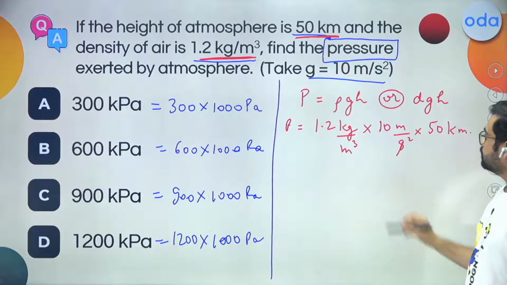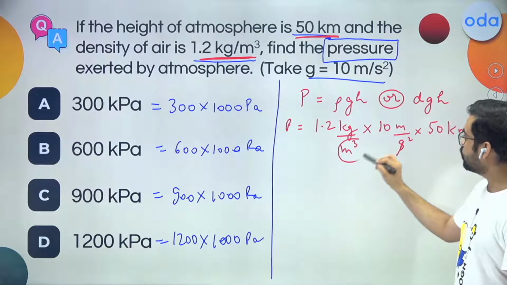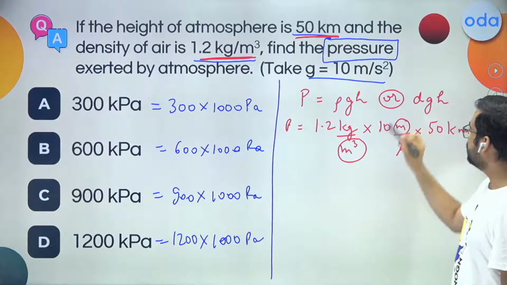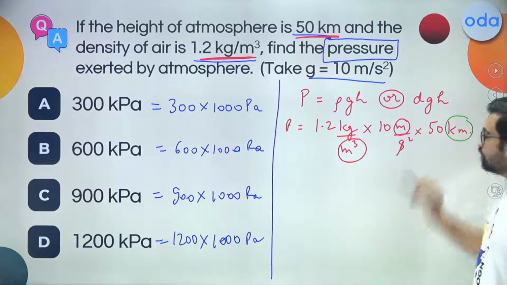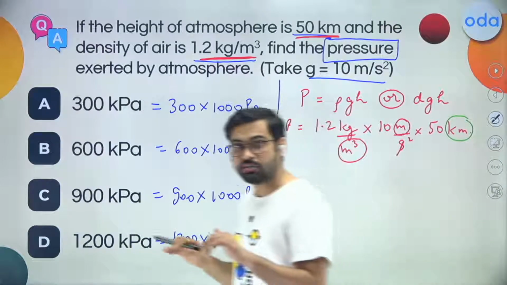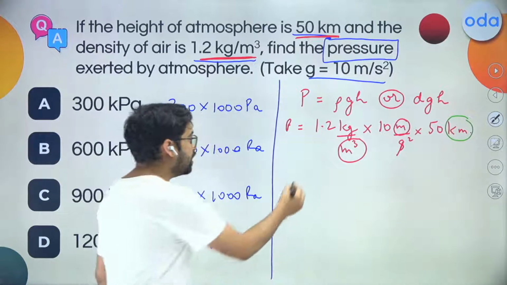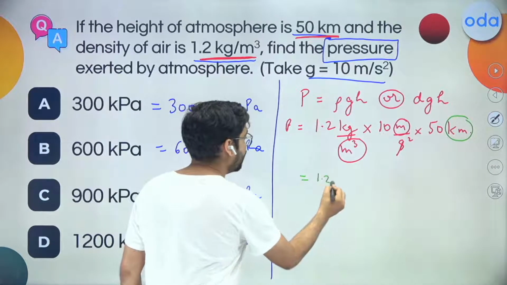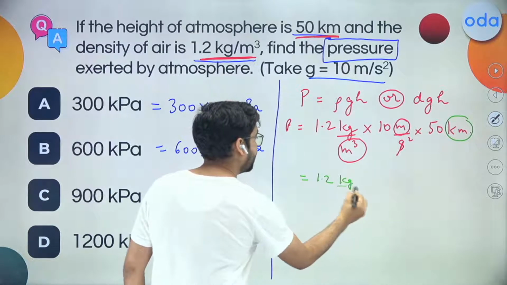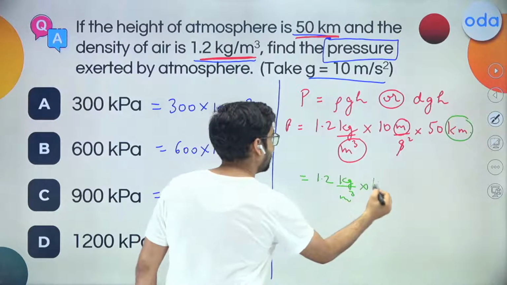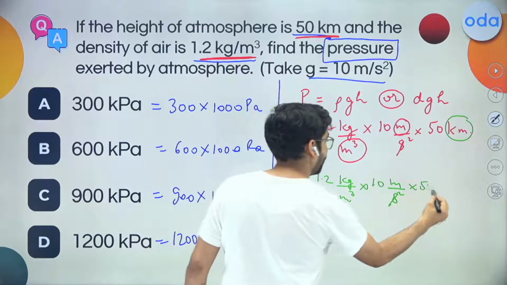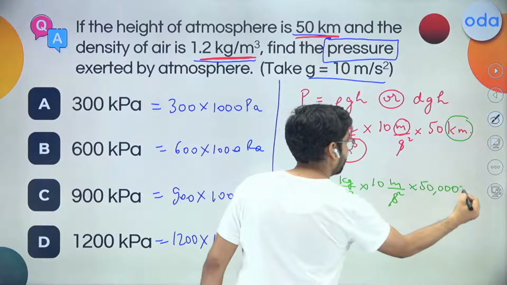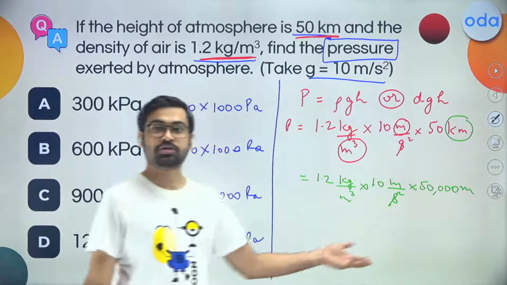Now I can see this meter cube is there, I can see this meter is there, but this thing over here bugs me a lot. Why kilometer? Can I put it in meters? Obviously I can. Let us do that. It would be 1.2 kg per meter cube into 10 meter per second square into 50,000 meters. That is how we convert kilometers to meters.